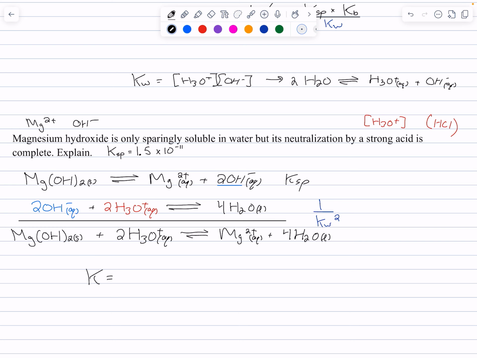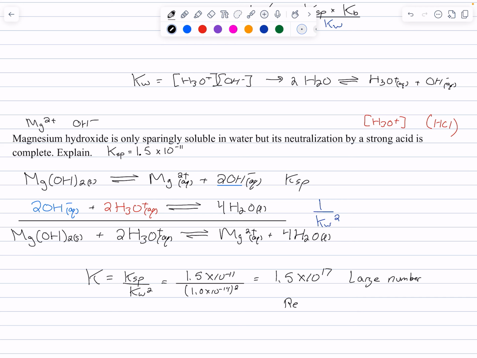So K would be equal to KSP over KW squared, which would be 1.5 times 10 to the negative 11th, all over 1.0 times 10 to the negative 14th squared. Well, you can just square that and bring it up, make it positive. I'm thinking we're getting 1.5 times 10 to the 17th, which is a large number.